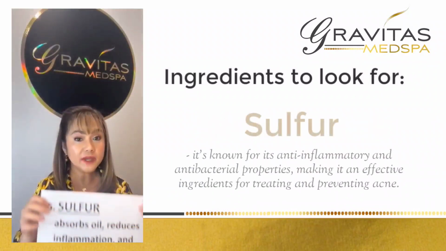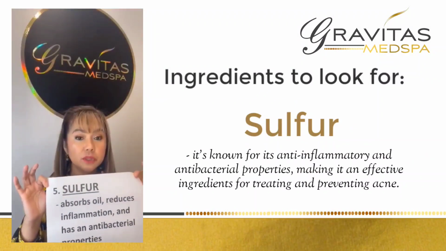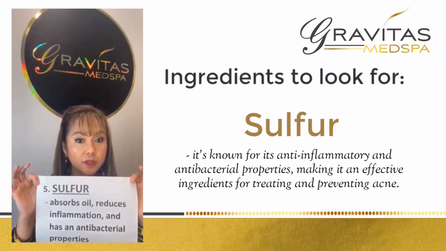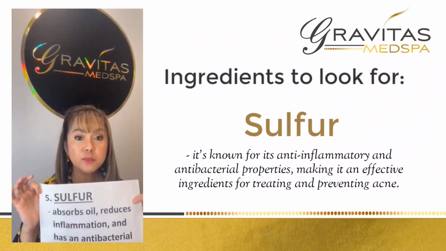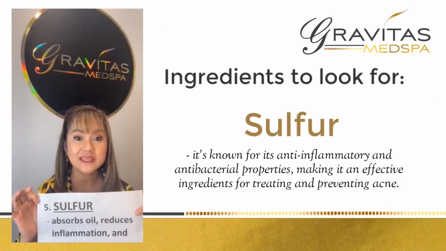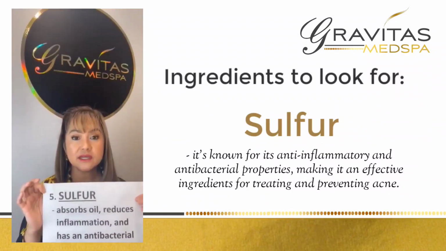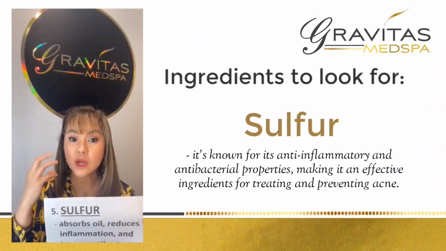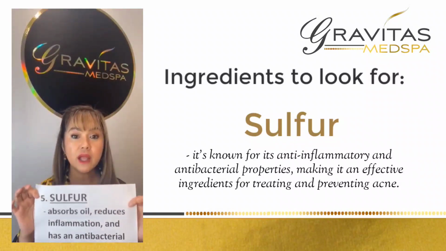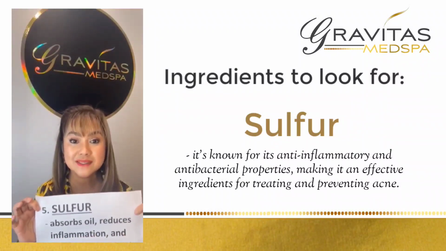The fifth and final ingredient that I'm going to share with you is sulfur. Sulfur has both antibacterial and anti-inflammatory properties. It helps absorb the oil on our skin, so it's very helpful for those who have oily skin.